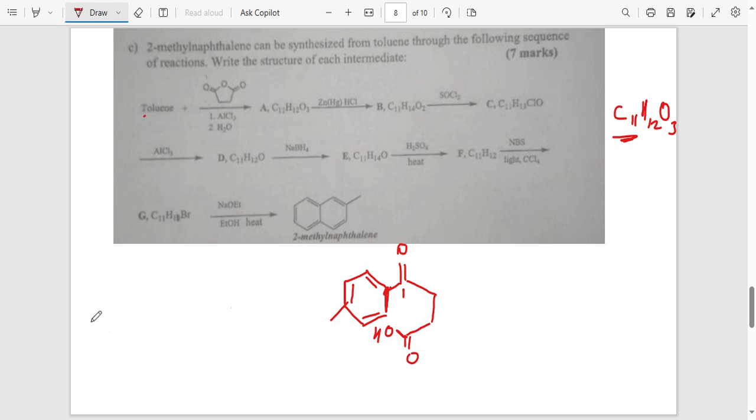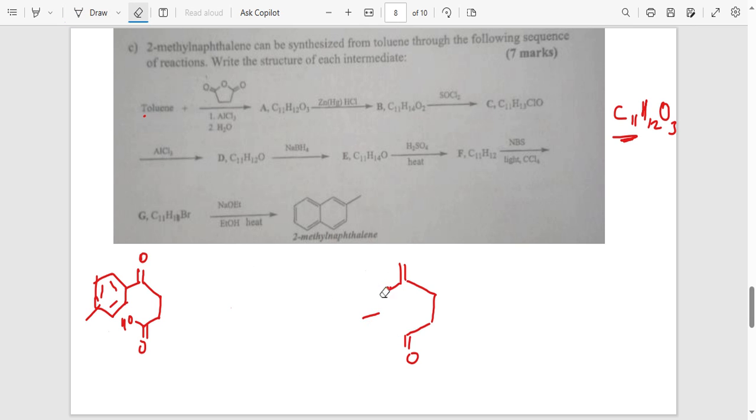Let me write this from the beginning here so that we can have some space. Now at this step, look at the next thing that you are using.